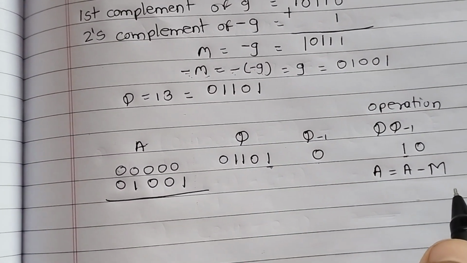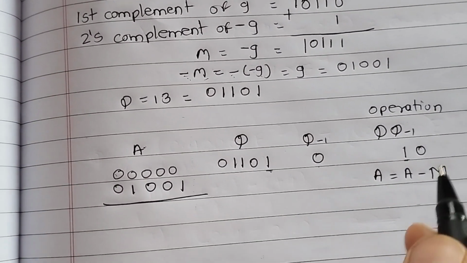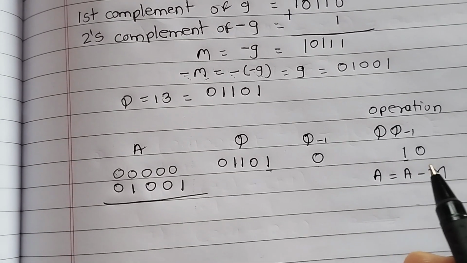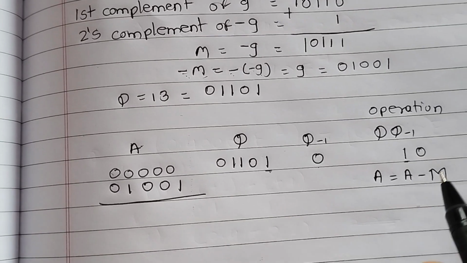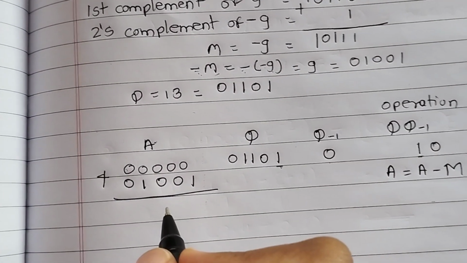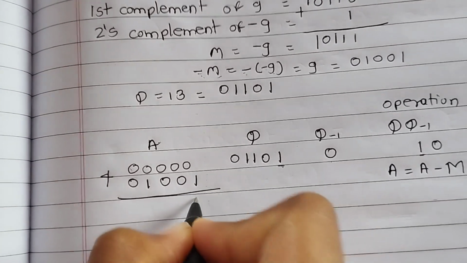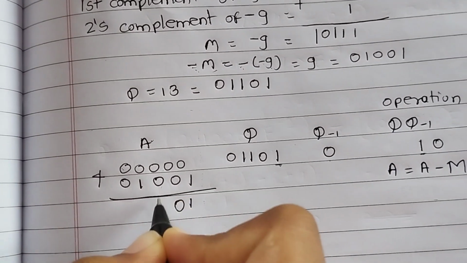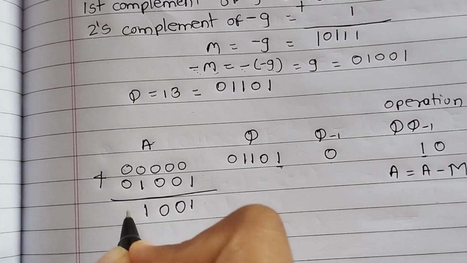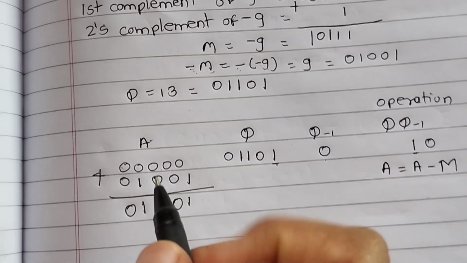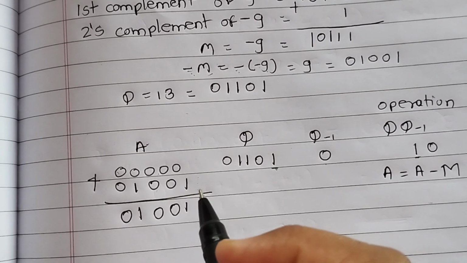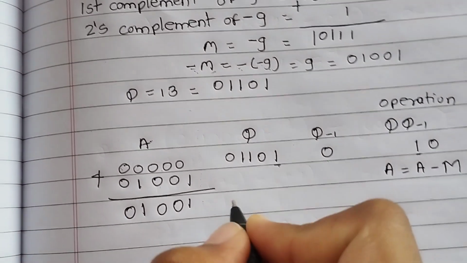We do not perform subtraction because many times we make mistakes in the subtraction of binary numbers, so we perform addition quickly. For that we find minus M and directly add, so we get the answer of A minus M. So 0 1 1 0 0 plus 0 0 0 0 1 1 0 plus 0 0, and after performing the operation we do a right shift of the given bits.